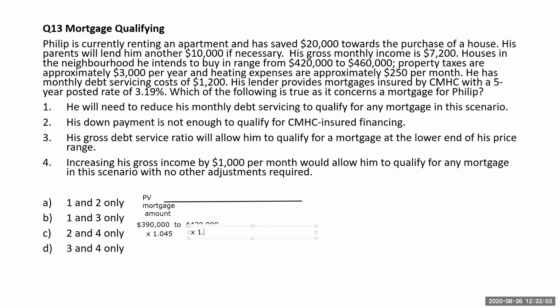Now, if you didn't know the exact CMHC amount, that's okay. You might have used 4% or 5%. Honestly, it's not going to make a difference in the answers. I think, Stuart, they don't distinguish this. We can confirm this, but I'm pretty sure they don't distinguish.